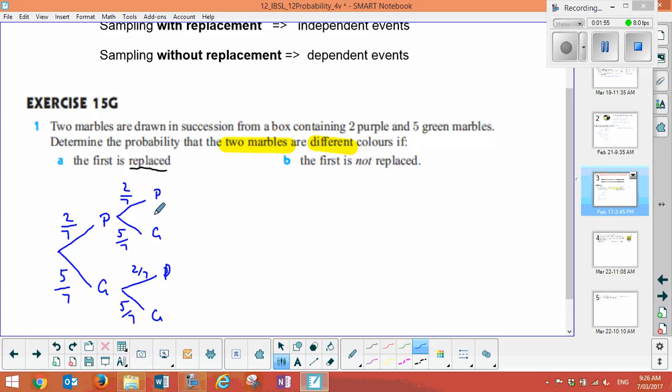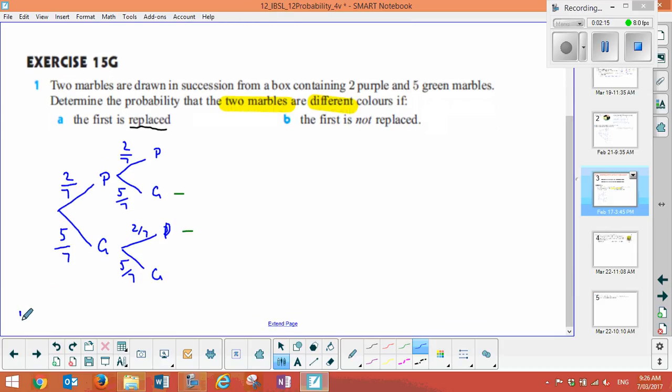So then if we want the probability that the 2 marbles are different colours, so we want to go purple then green, that option, and then green then purple, that option. So our probability is going to be, I might do this underneath, the probability of purple and green, or green and purple, is going to be 2 over 7 times 5 on 7 plus 5 over 7 times 2 over 7.